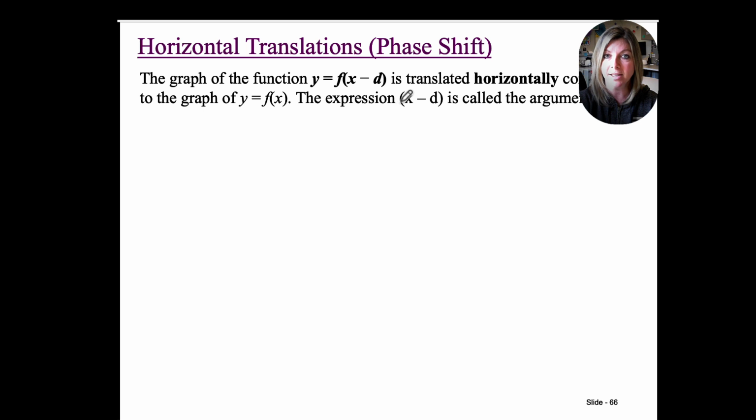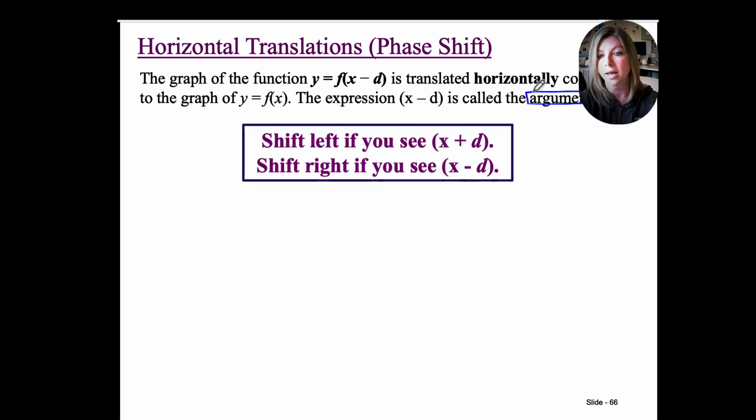The expression x minus d is what we call the argument, okay? So the argument is going to tell us if a graph is shifted to the left or to the right. If our argument is x plus some value, we're going to shift left. And if our argument is x minus some value, we're going to shift right.